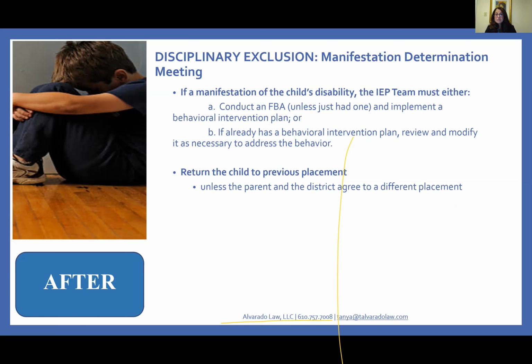If it is a manifestation of the disability, then the child continues in their previous placement. The parent and the school district can agree about maybe changing the placement, but you're not required to. If the behavior is a manifestation of the disability, the child stays in the placement where they were because their IEP is being addressed.